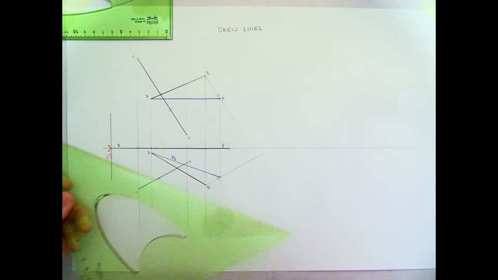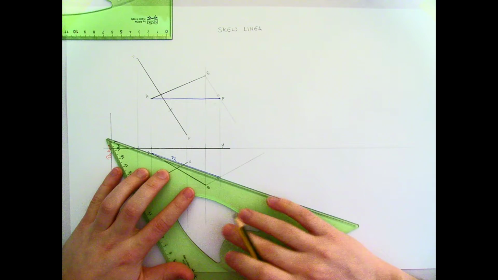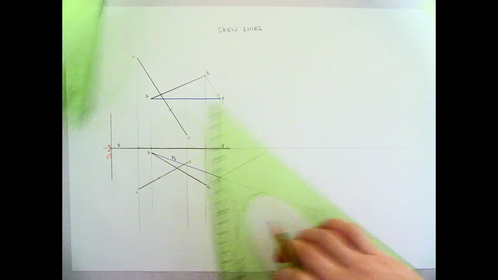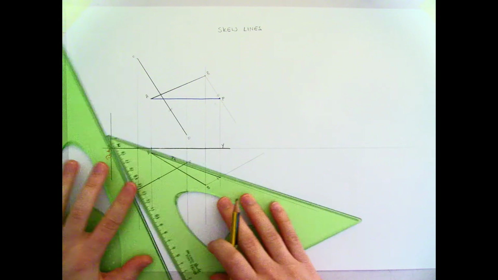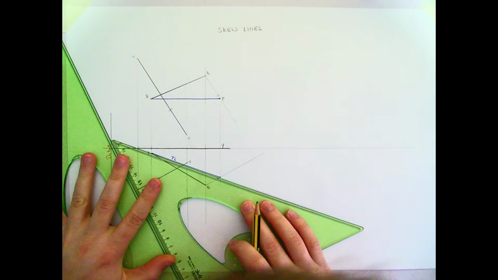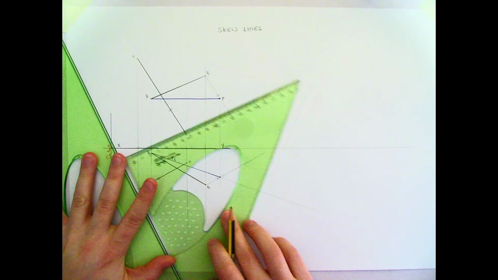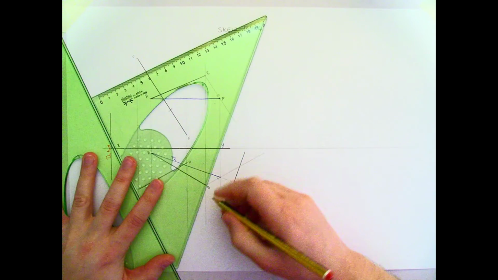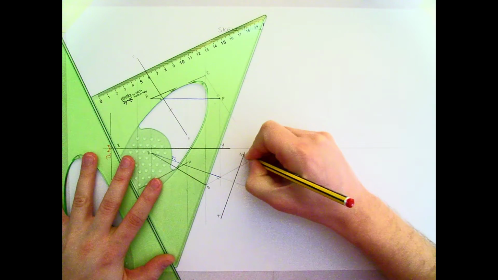So what we're going to do now is look along the true length line that we've just found and draw an x1, y1 line that is perpendicular to it. So x1, y1.